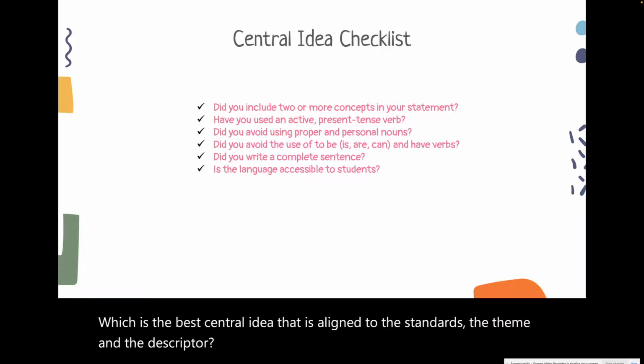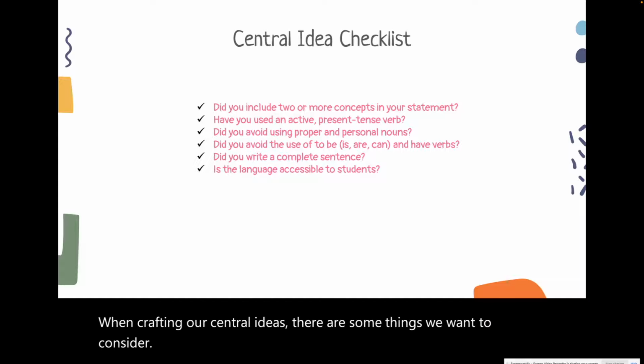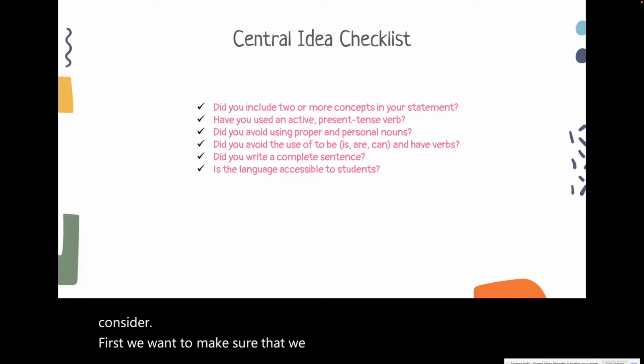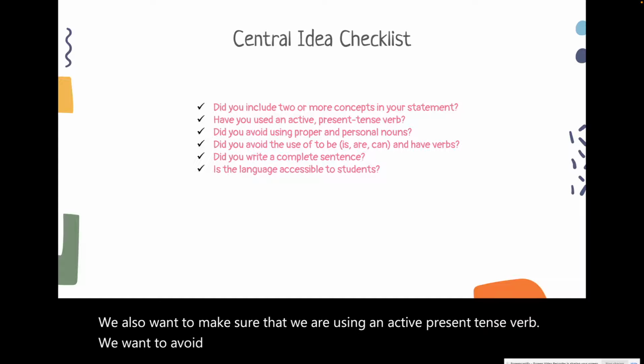When crafting our central ideas, there are some things we want to consider. First, we want to make sure that we include 2 or more concepts in our statement. We also want to make sure that we are using an active present tense verb. We want to avoid using proper and personal nouns, so words such as I, me, or we should be avoided.